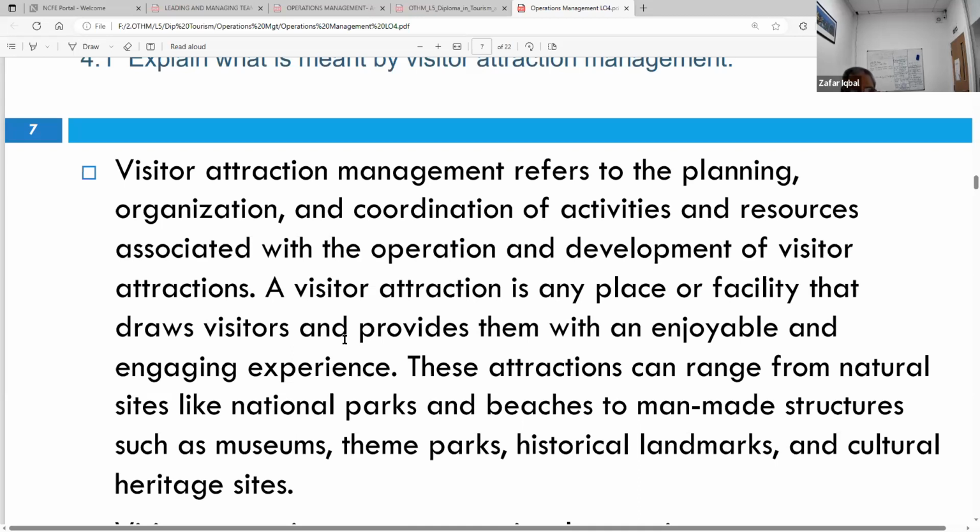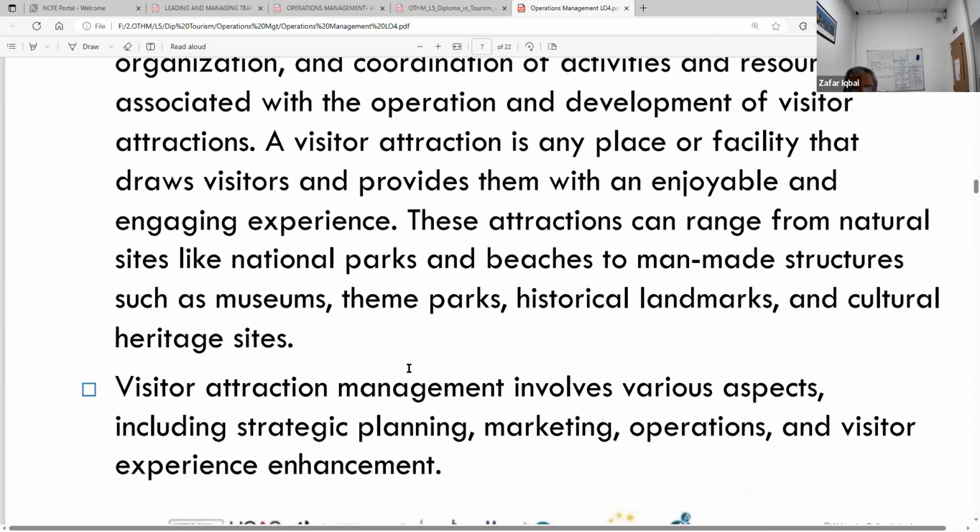So it is planning, organizing, controlling and coordinating activities and resources in a particular way so that it's sustainable and enjoyable, so that people experience it, come back to it, enjoy it and remember it.